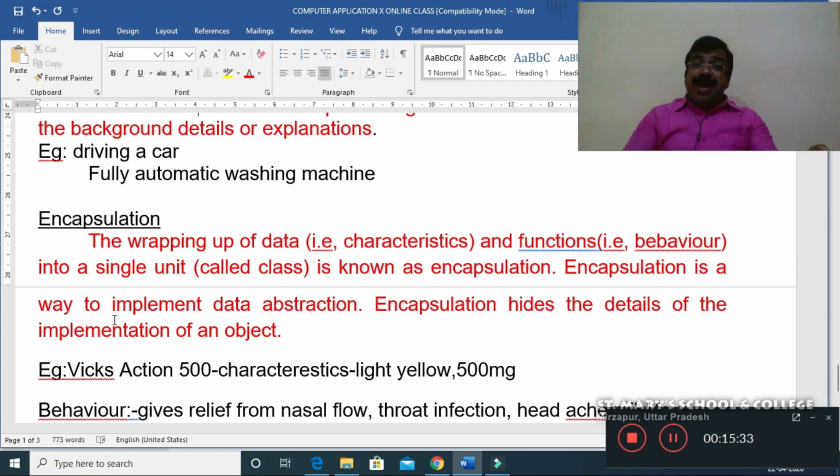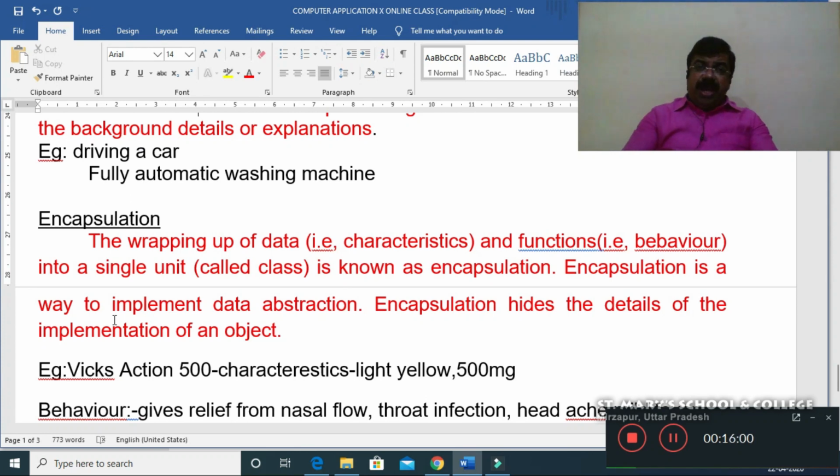Bundling both of them together in a single unit is what is called encapsulation. Encapsulation is a way to implement data abstraction. Data abstraction is also known as data hiding.